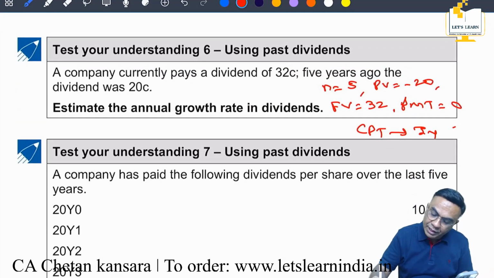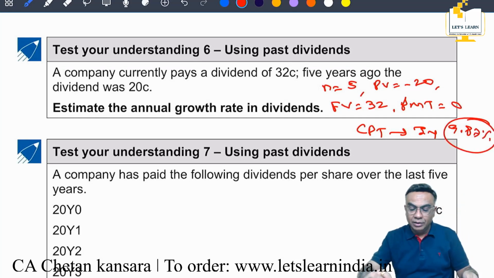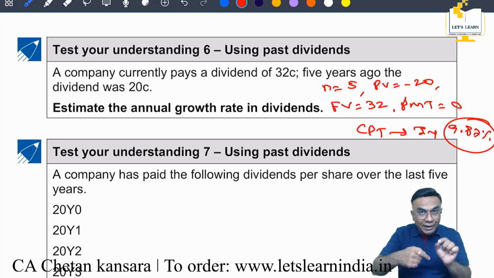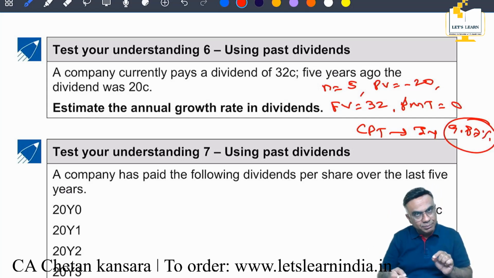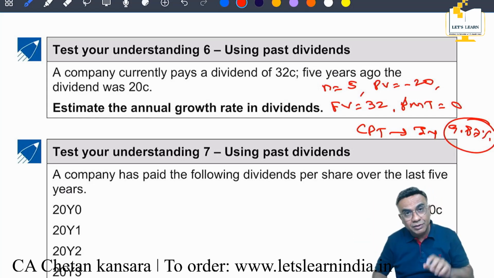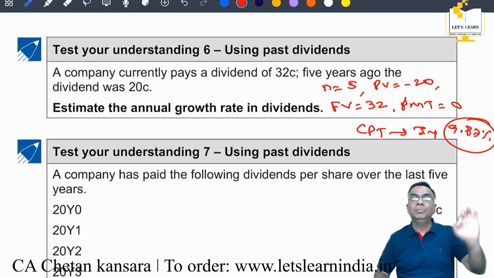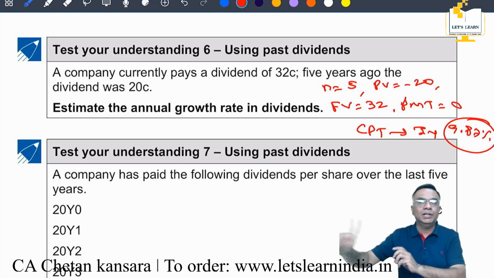So you're getting approximately 9.87% growth rate. In other words, 20 cents plus 9.87% compounded 5 times you will get 32.